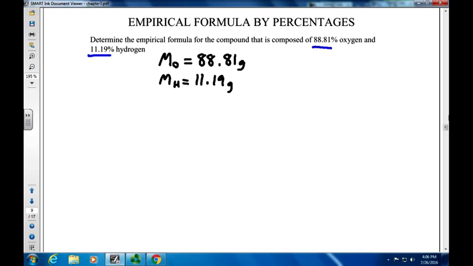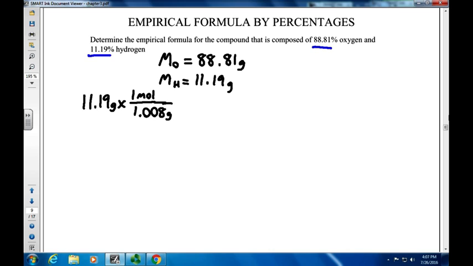Then we want to recognize that in order to determine the empirical formula, we need to convert these masses to their respective moles. To find the moles of hydrogen, we take 11.19 grams and multiply it by 1 mole over the molar mass of hydrogen, which is 1.008 grams.